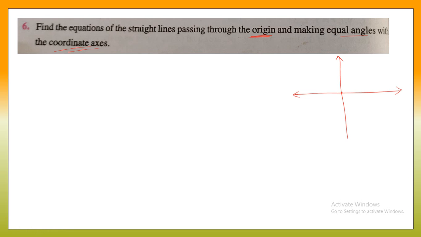So how many such lines are possible? There are 2 lines which are possible. If this angle is 45 degrees, then this is also 45 degrees.